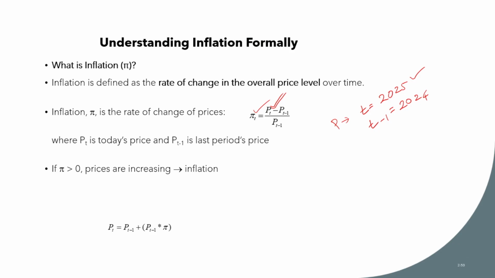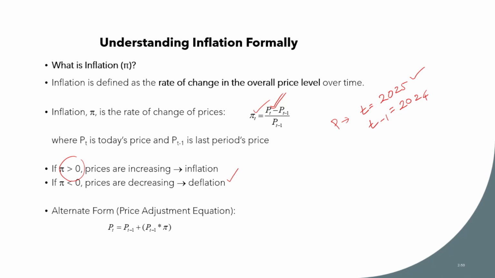When the inflation rate is greater than 0, that means prices are increasing, and we say there is inflation. When the inflation rate is less than 0, prices are decreasing, and we are in a deflationary stage. An alternative form of estimating the price: the price index for this year, for example 2025, is equal to the price index in the previous year, 2024, plus the previous year's index times the inflation.